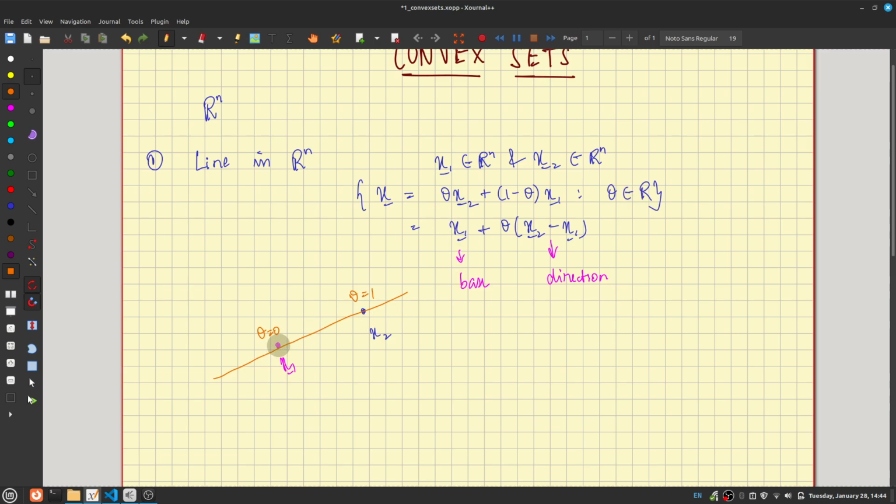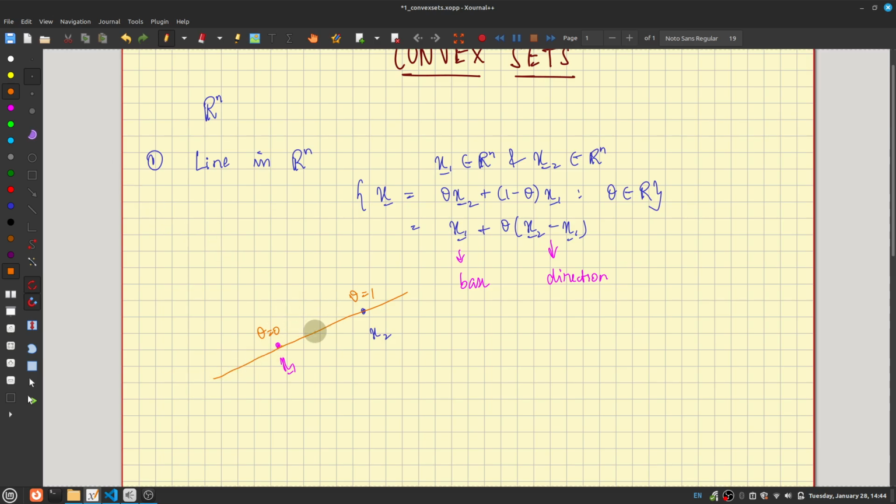So for all positive values of theta, this essentially corresponds to the line that starts from x1, goes until x2. As I increase theta beyond 1, it goes further away. It's like a ray that is shooting out from x1 in the direction of x2 minus x1, and it goes on all the way up to infinity. Similarly, if I take theta negative, then it goes in the opposite direction.